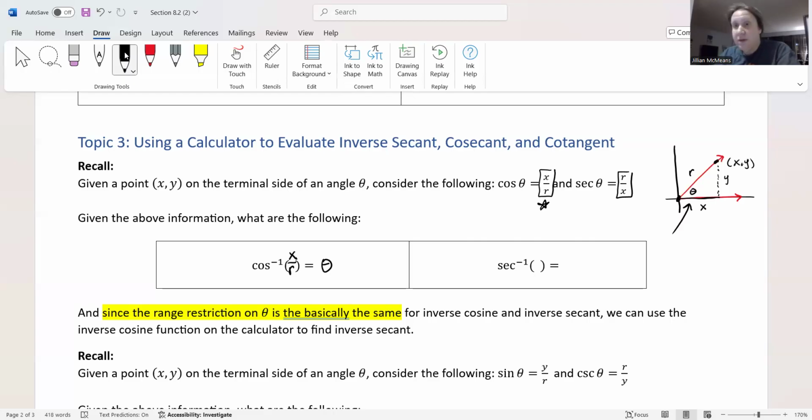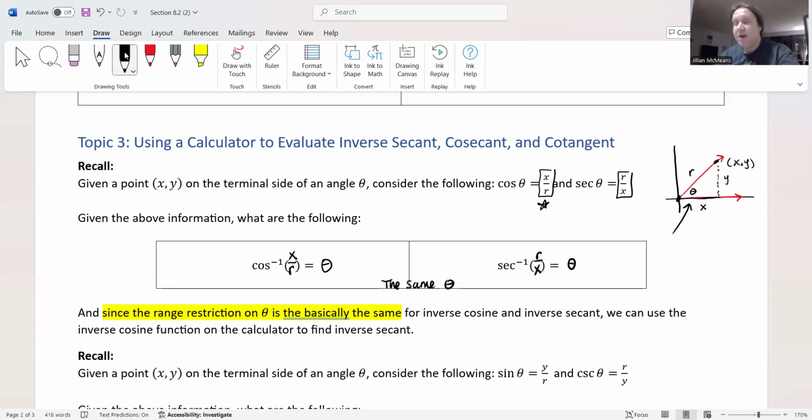Similarly, if we take secant inverse, or inverse secant, of its ratio r over x, we get the output that is that same angle theta. Even though we have these two different ratios, because they're applied to the same angle theta, we have a workaround for this calculator issue. So this is the same theta for both of these. Again, inverse cosine of x over r is going to equal theta, and inverse secant of r over x is going to equal the same theta.